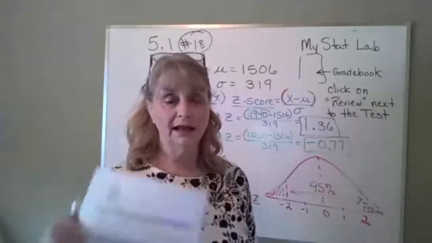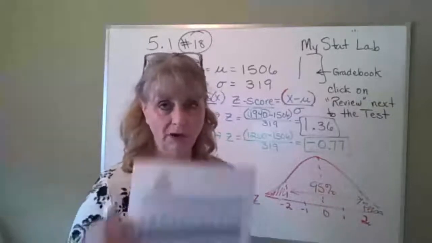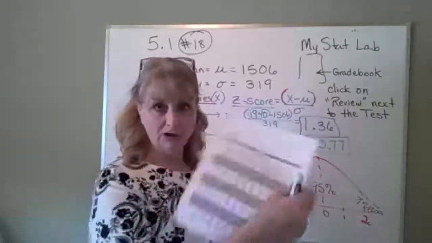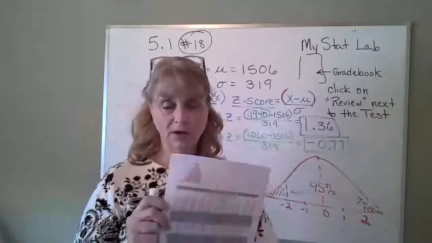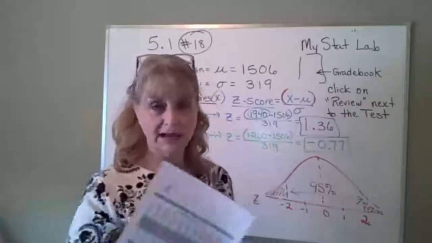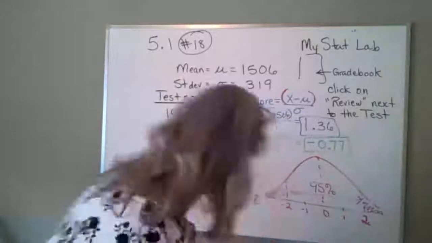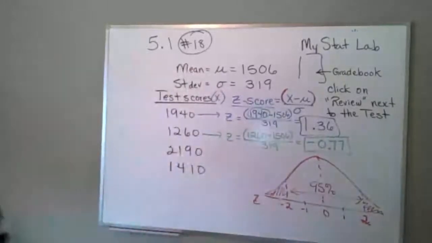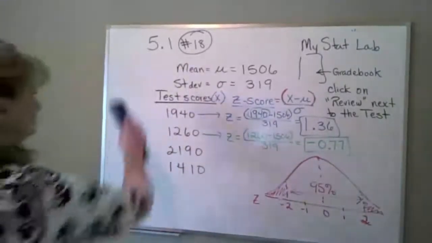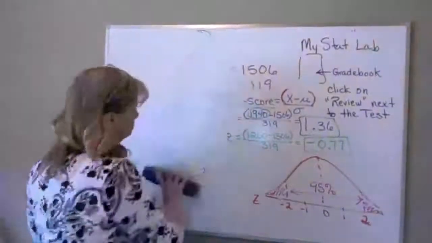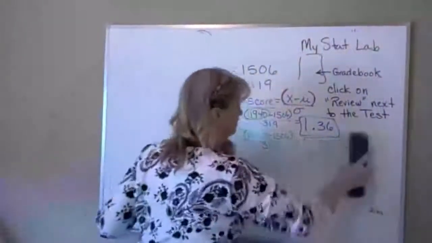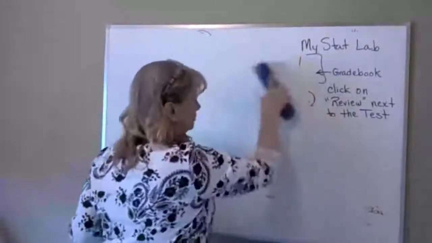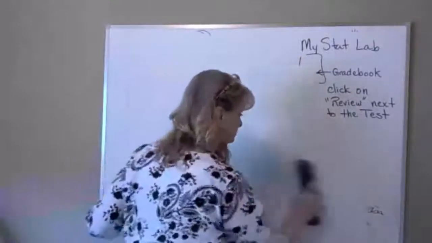It'll be under Lessons in the Unit 3 folder, is the z-table. And remember, it's 2 pages. The one side has positive z's and the other side has negative z's. Let's sort of review what that table does for you, and then we'll go on and do some problems in 5.2.